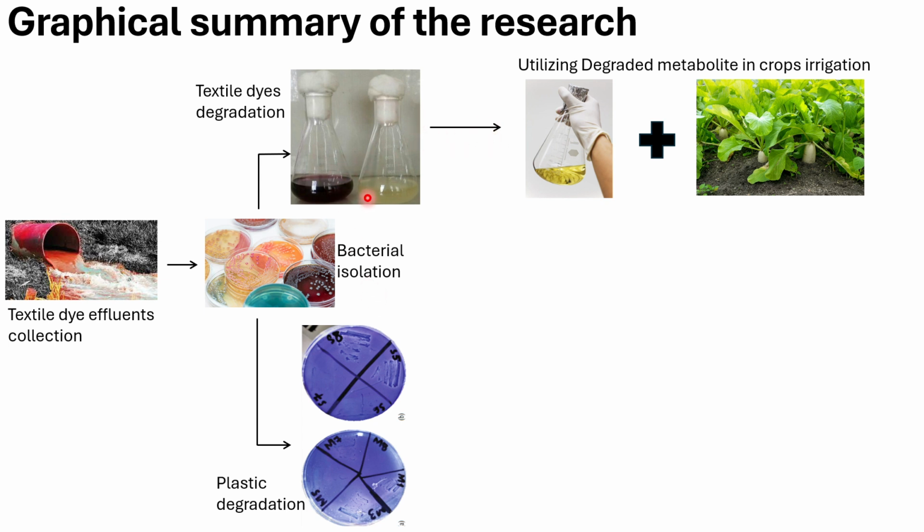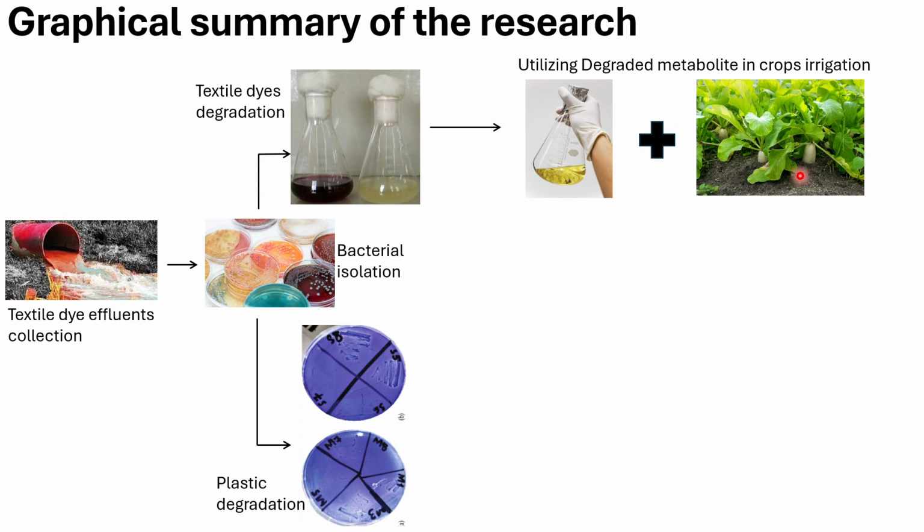Afterwards they collected that particular degraded dye metabolite, irrigated it into radish plants, and analyzed their growth. So the data we just saw in the previous slide contained the shoot and root length and the seed germination percentage.